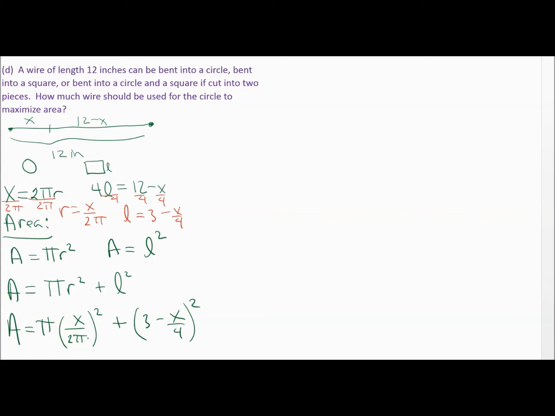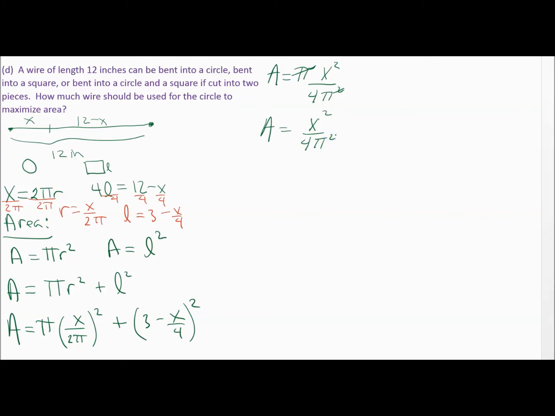So at the top of the page, I've got area is equal to, there's still a pi in front, correct? And then when I square, I have X squared over 4 pi squared. And then this pi cancels with one of those. So that simplifies to X squared over 4 pi squared for now.